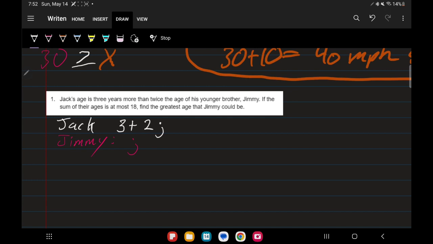And the last step is this. We know that the sum of their ages is at most 18. So it can't be more than 18, but it could be equal to.